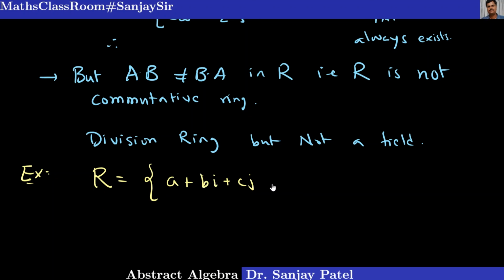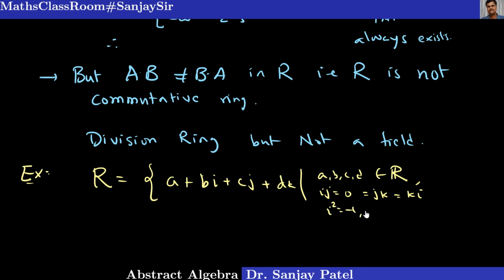A plus BI plus CJ plus DK, where A, B, C, D are real numbers, and I square is equal to -1, J square is equal to -1, and K square is equal to -1, with IJ equal to K, JK equal to I, and KI equal to J.